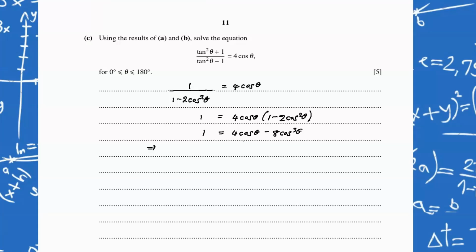And if we take everything to one side, that's like 8 cos cubed theta minus 4 cos theta plus 1 equal to 0. All right.